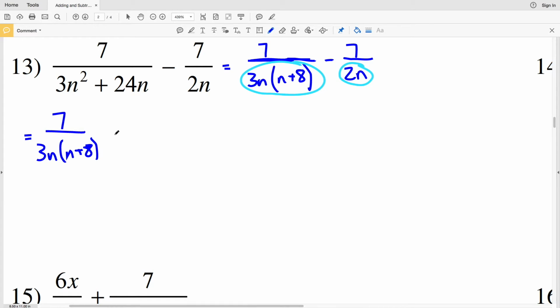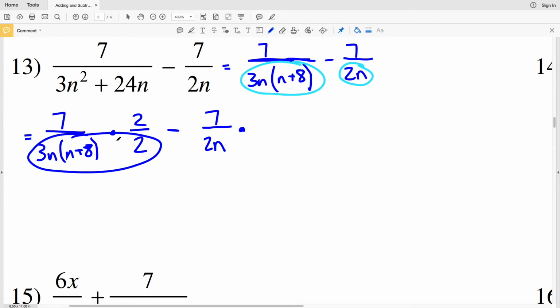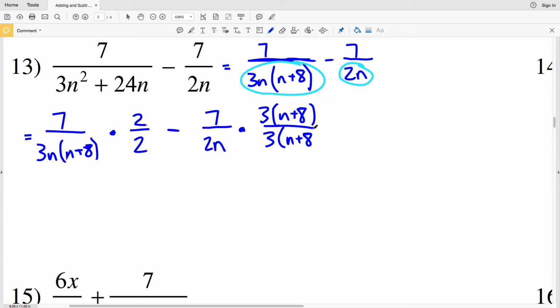So if I multiply my first fraction by 2 over 2, I'll have 6n times n plus 8. And then I'll be subtracting my second fraction, 7 over 2n, but I'll be multiplying that by, I need to make it 6n times n plus 8, and I already have 2n, so I'll just multiply it by 3 times n plus 8 over 3 times n plus 8.